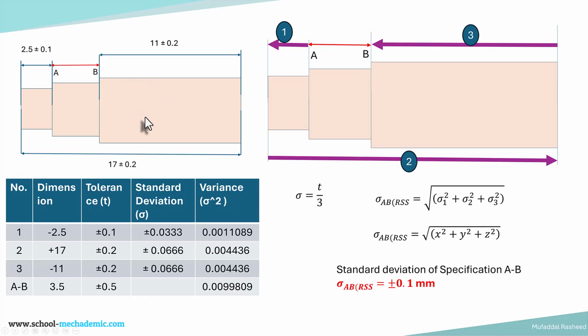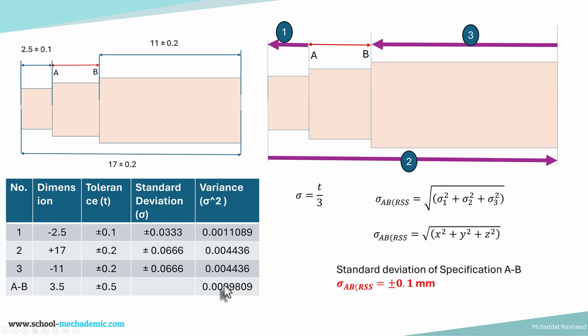So if we calculate it in the table, we have the dimensions, we have the tolerances T, 0.1, 0.2, 0.2, and from the worst case analysis, we had 0.5. Now if we calculate the standard deviations for 0.1, 0.2 and 0.2, we get these values, and if we square them, we get these values for variance, and then we sum the squares and take the root.